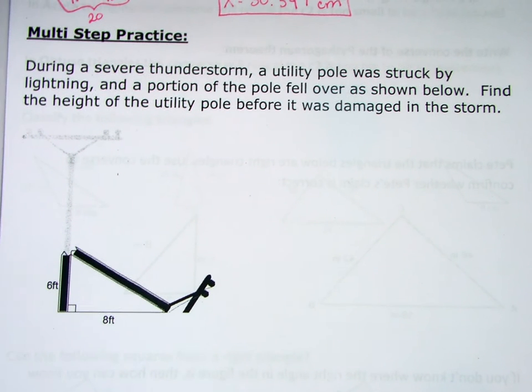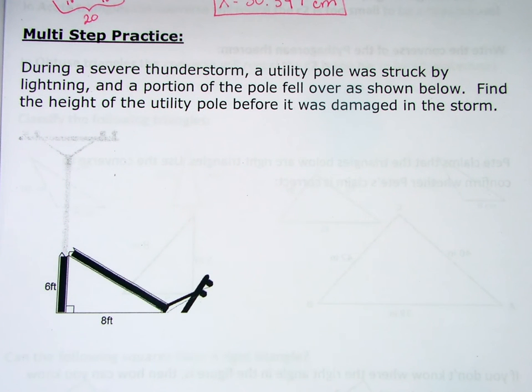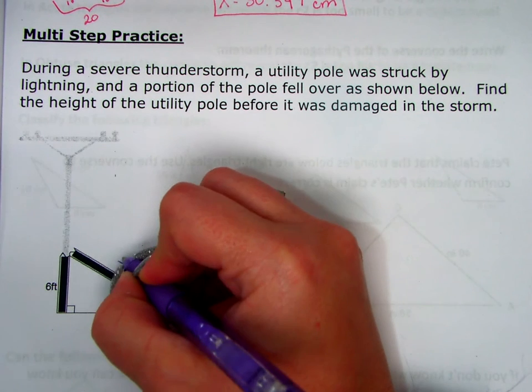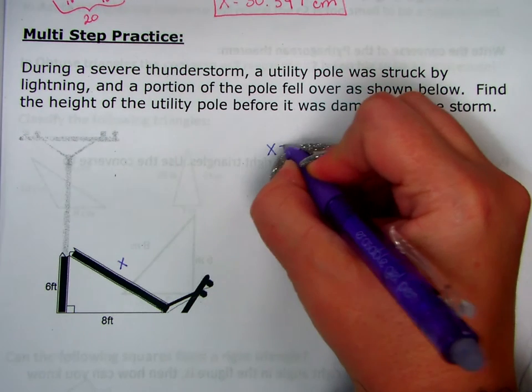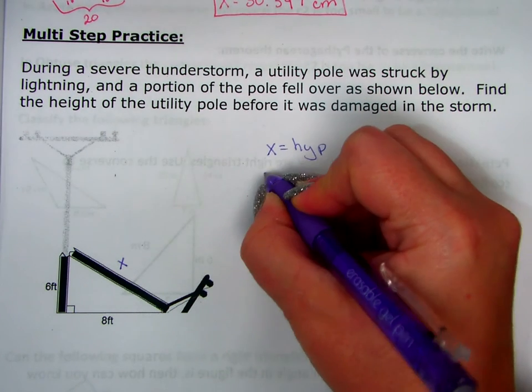Last but not least, during a severe thunderstorm, a utility pole was struck by lightning and a portion of the pole fell over as shown below. Find the height of the utility pole before it was damaged in the storm. Okay, so I can see a right triangle there, and the side I'm missing, is that a leg or a hypotenuse? It's a hypotenuse.